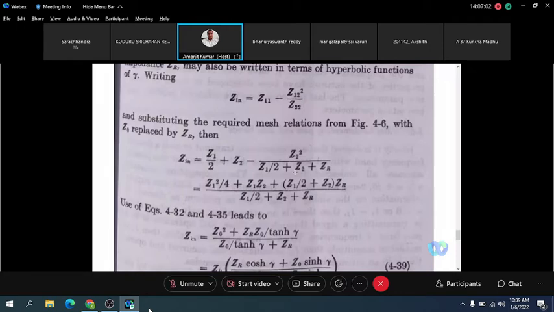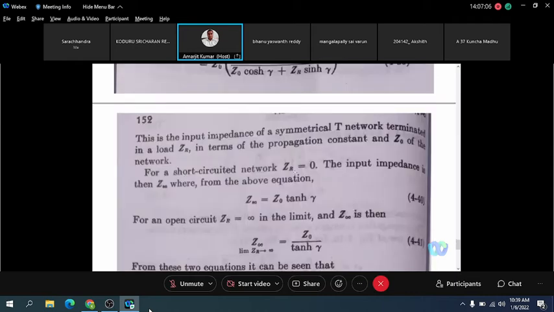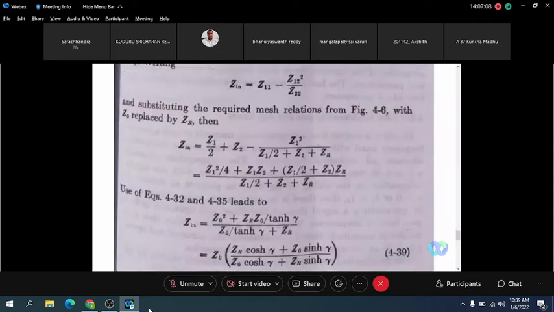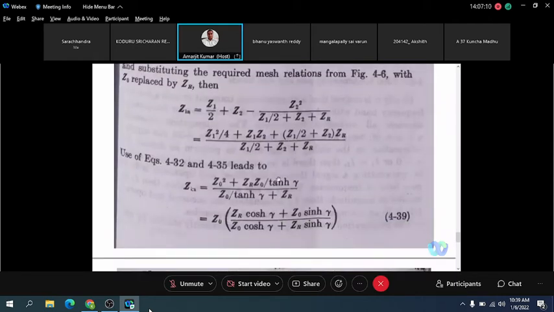You will do this calculation also for the symmetrical pi section. So plus ZR Z0 upon tanh gamma divided by Z0 upon tanh gamma plus ZR. As you can see, this input impedance is in terms of ZR, Z0 and gamma. There is no Z1 and Z2 here.